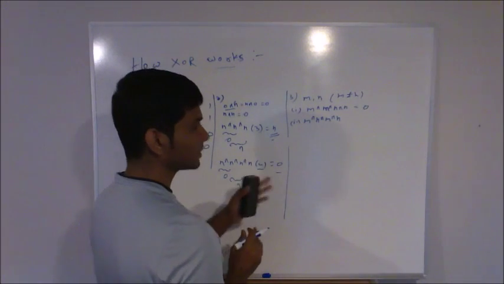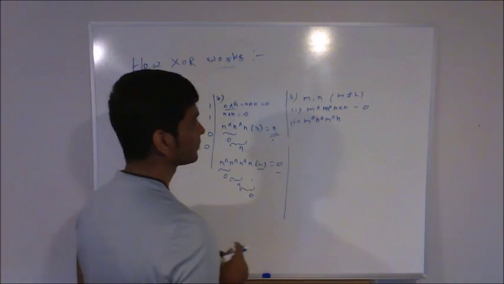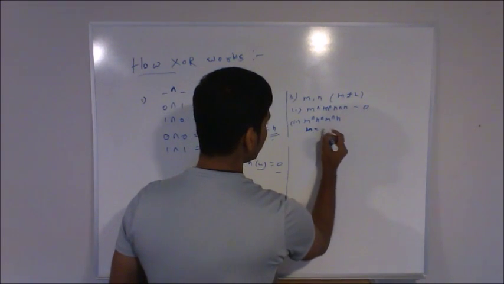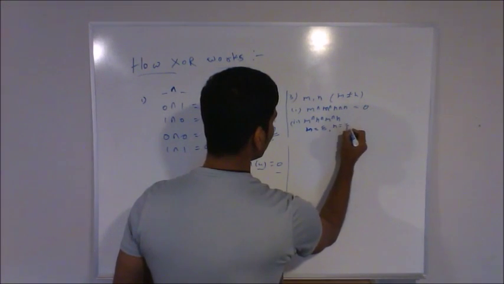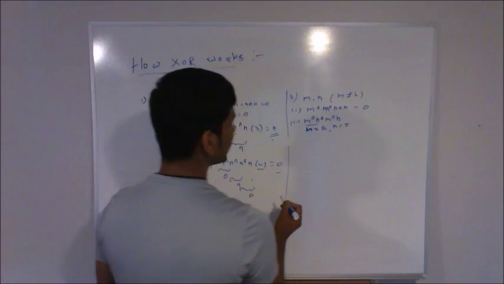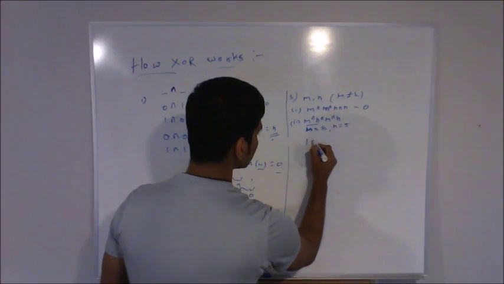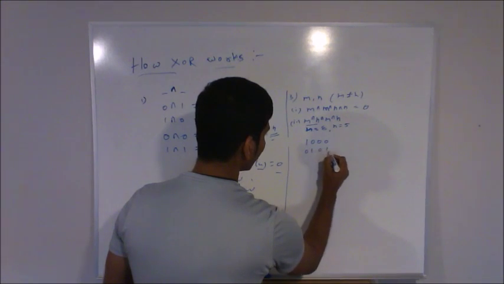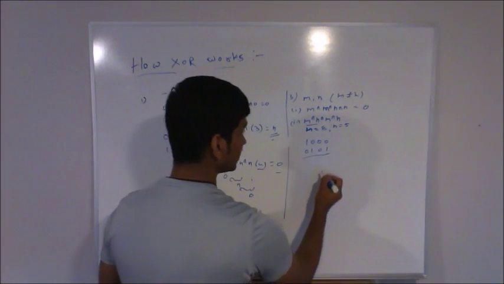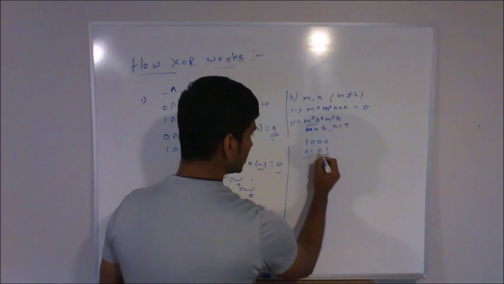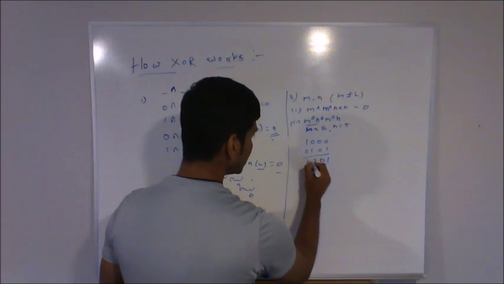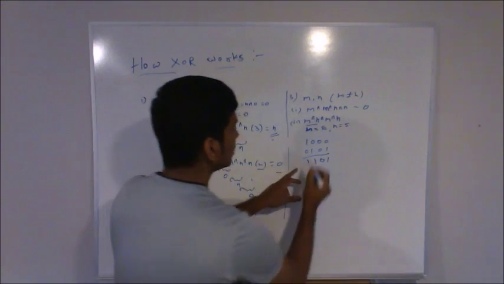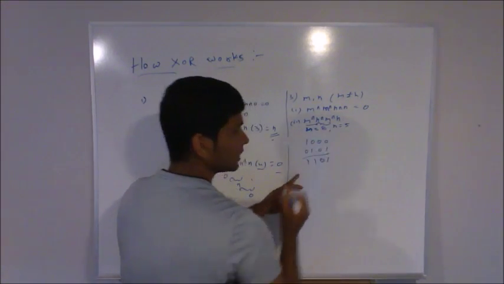However, let's observe what we can do about it. Let's put in some numbers and test. Let's say m equal to 8 and n equal to 5. So m XOR n, what does this give us? 1 0 0 0 and 0 1 0 1. This is 8 and this is 5. So 0 XOR 1 is 1, 0 XOR 0 is 0, 0 XOR 1 is 1, 1 XOR 0 is 1. This is m XOR n. Now let's do one more XOR with m.